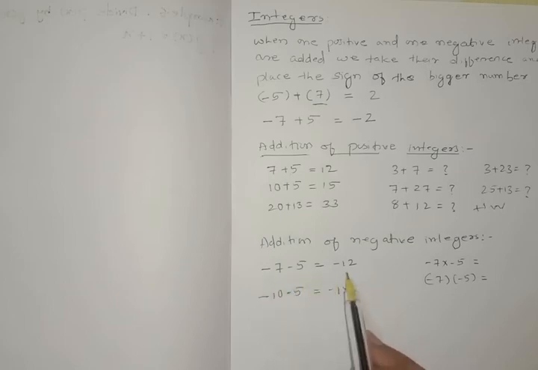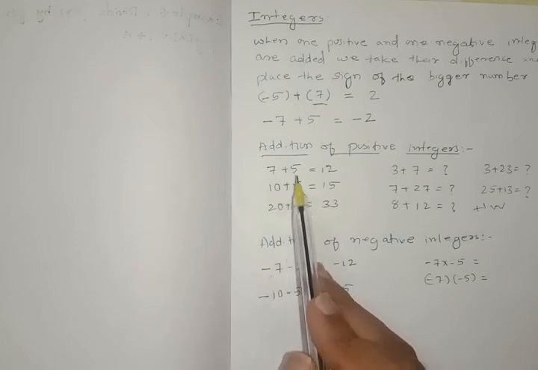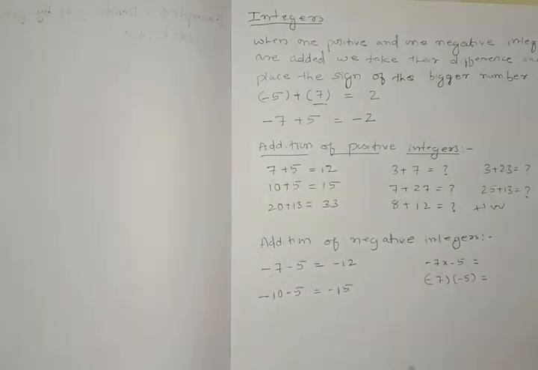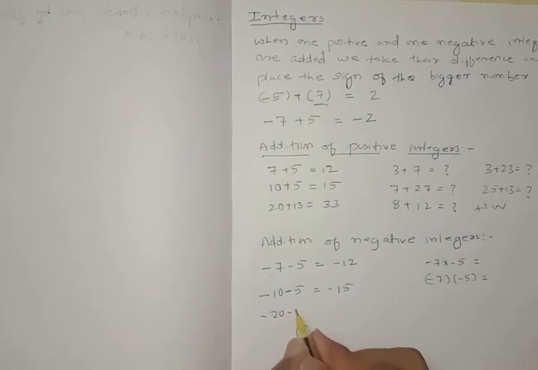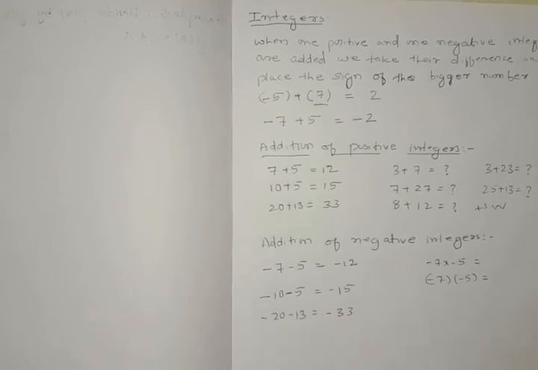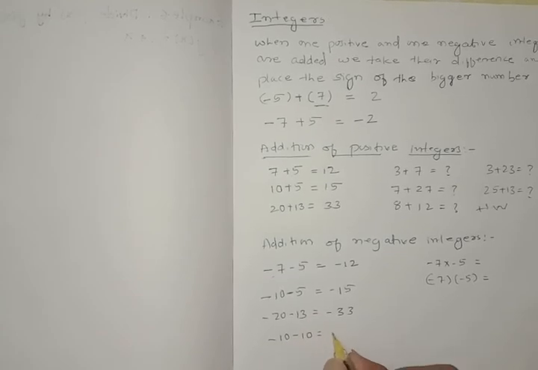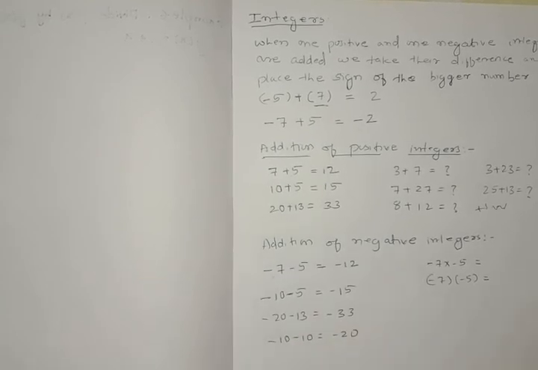Sum of negative integers is negative, students. Sum of positive integers is positive. These are very important things. Minus 20 minus 13 will be minus 33. Minus 10 minus 10 will be minus 20.